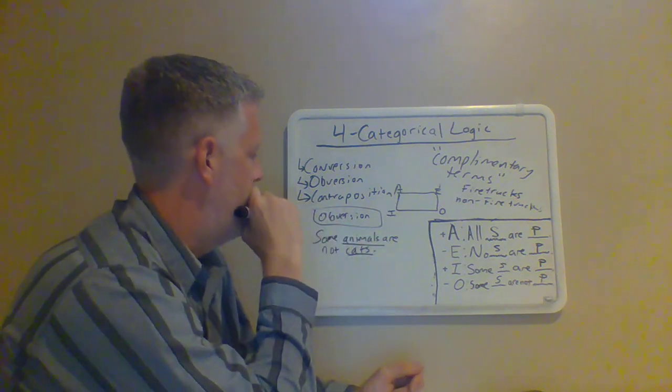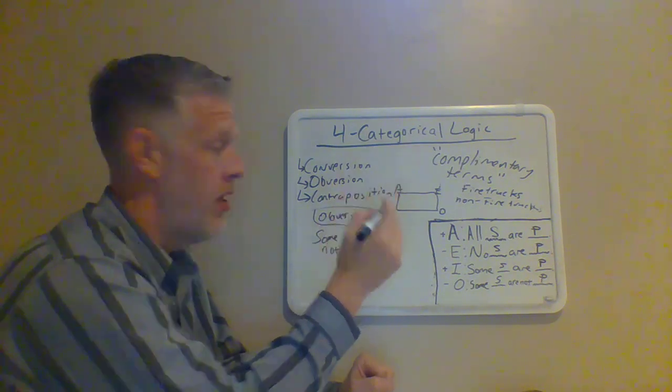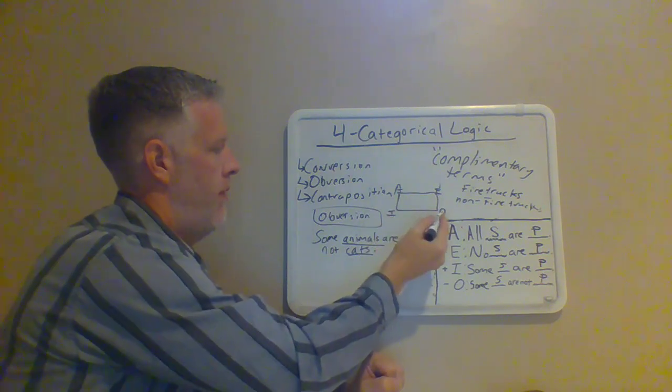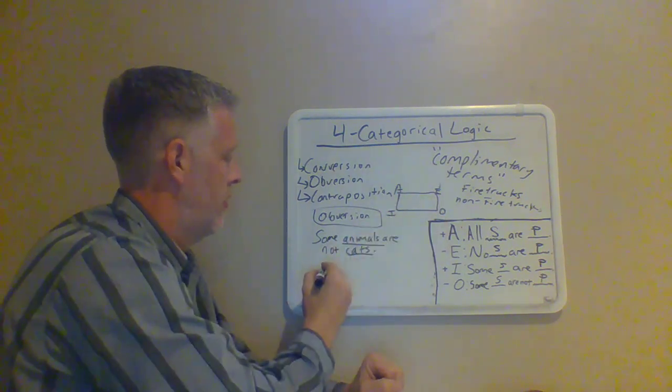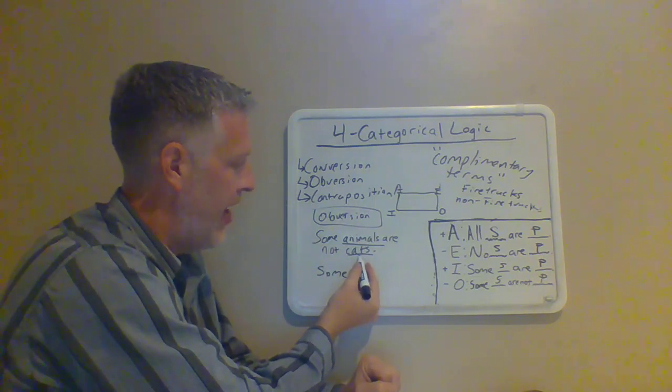Okay. So we want to obvert this. Two things we have to do, right? Move across the square of opposition. So in this case, we're moving this way from negative to affirmative. So we're going to result with an I claim here. And then we also need the complementary term of cats.